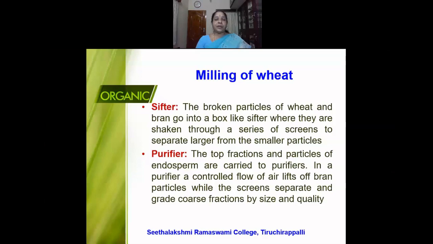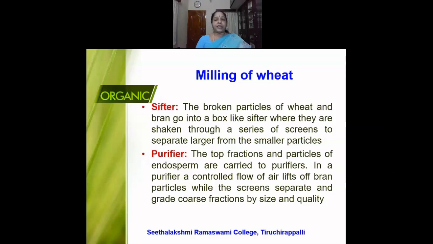When we use a jalladai to sieve the flour, the larger particles remain in the jalladai and the smaller particles flow through. The same principle is used here also. There are a series of screens in the sifter which remove the larger particles from the smaller ones.